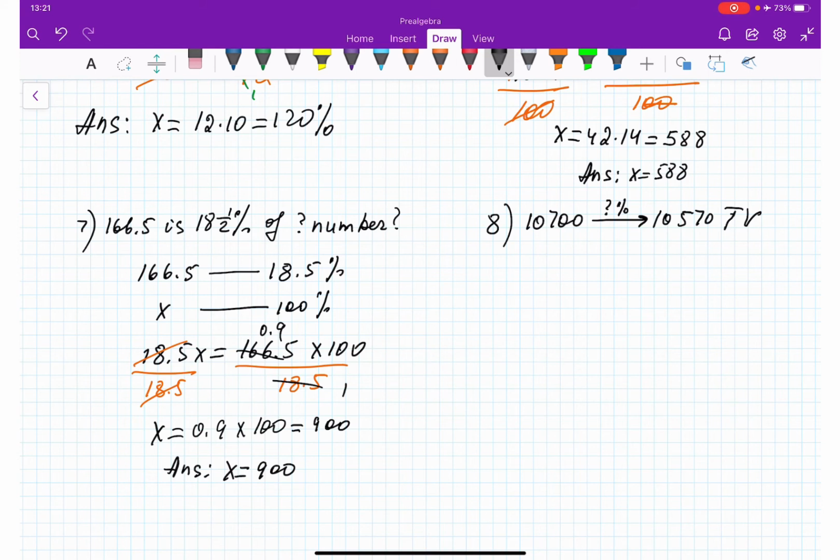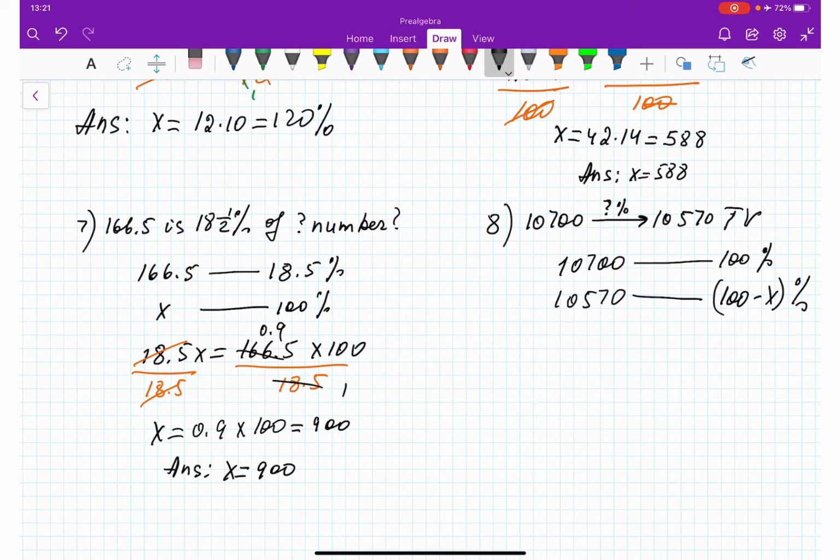10,700, yes? 10,700 is 100%. Correct? So if we consider it decreased by x%, then 100 minus this x%, that's a decrease, right? It's going to be 10,570 TVs.